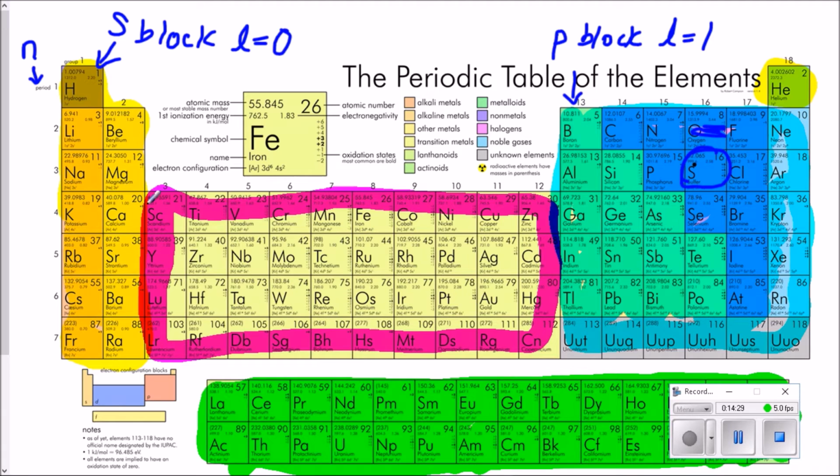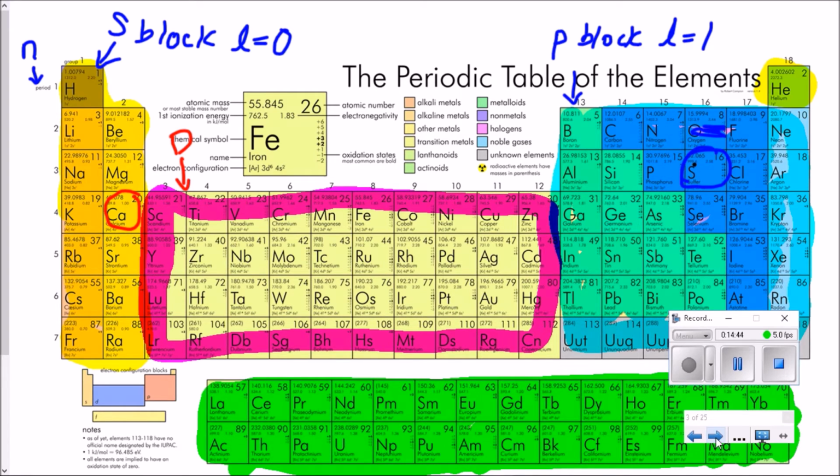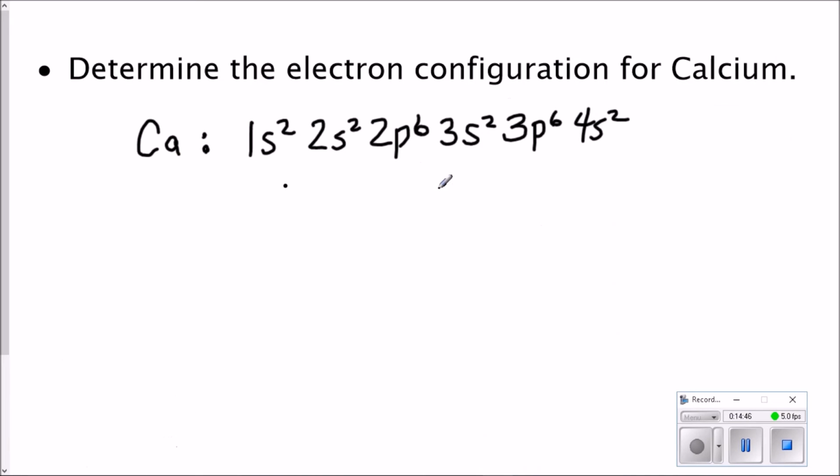So we will stop right there. We will never go past calcium until tomorrow for this video, because we are now hitting what we call the D block, and something special happens there. We'll talk about this tomorrow. But if we write out the electron configuration of calcium, it looks like this. Here we are, and again it shows the first quantum number, all the way to 4.